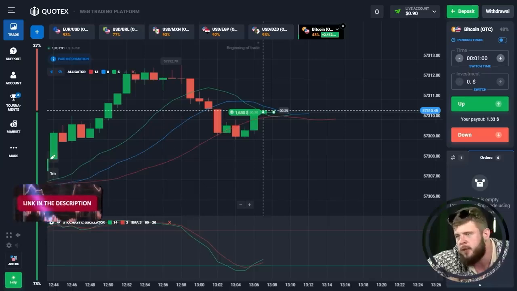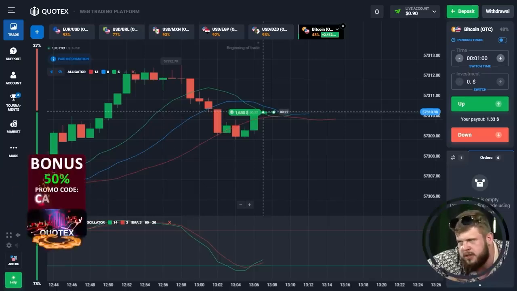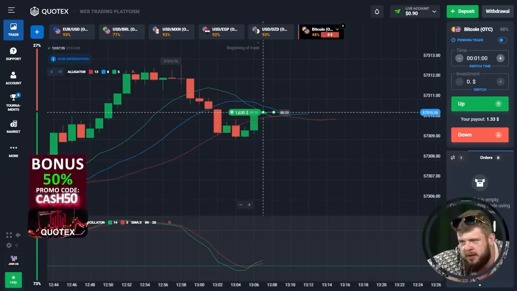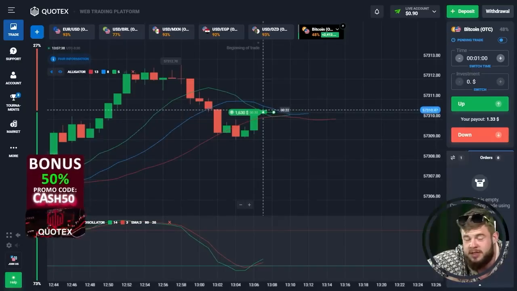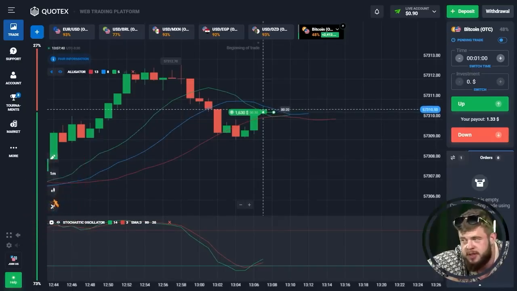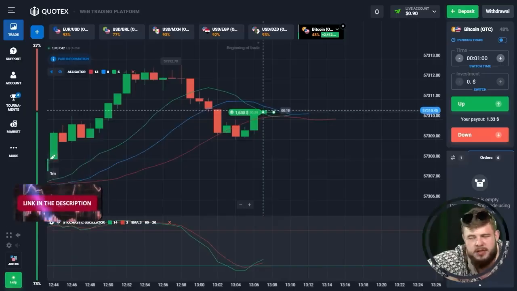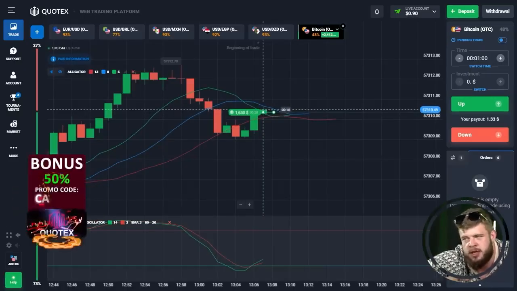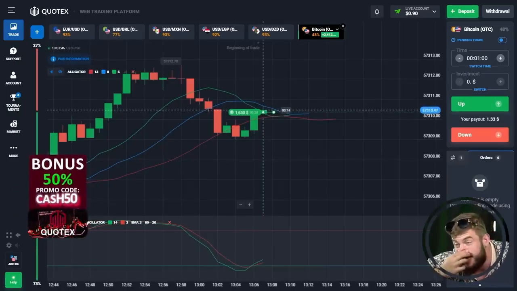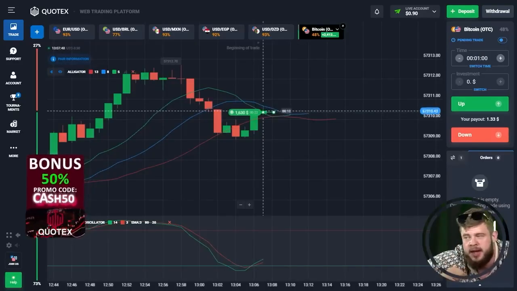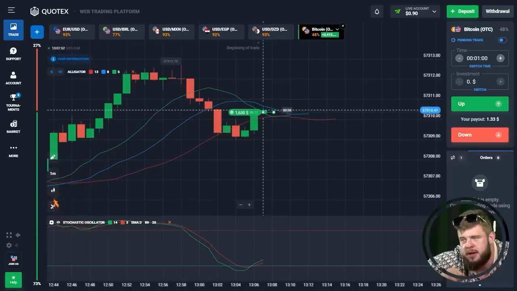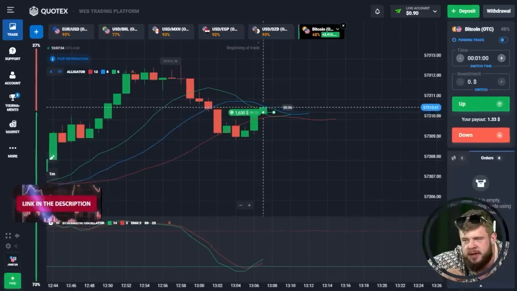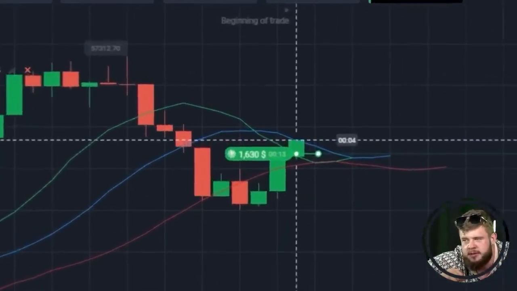That's why we have opened the buy position, investing our whole deposit, $1,630 I invested in this trade, and of course I'm absolutely sure that we will get money from this trade. It will be done anyway, guys. We have a very good signal from the stochastic right now.